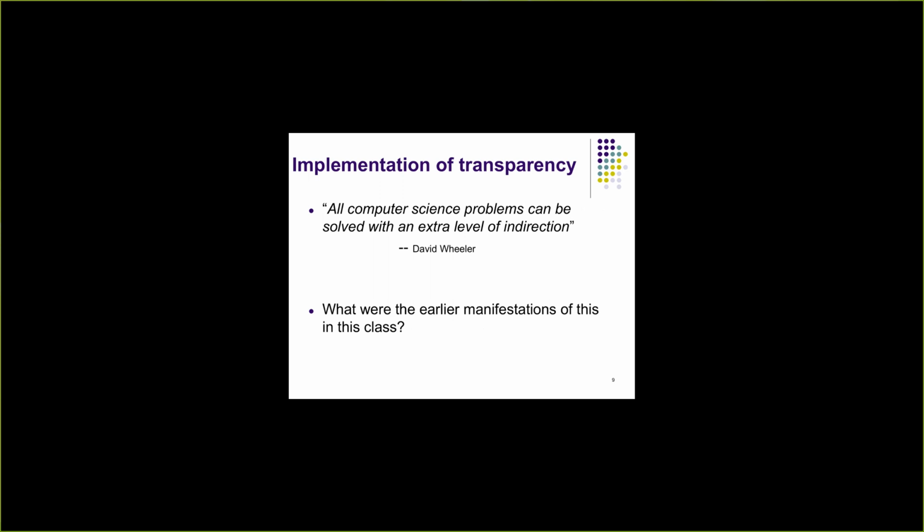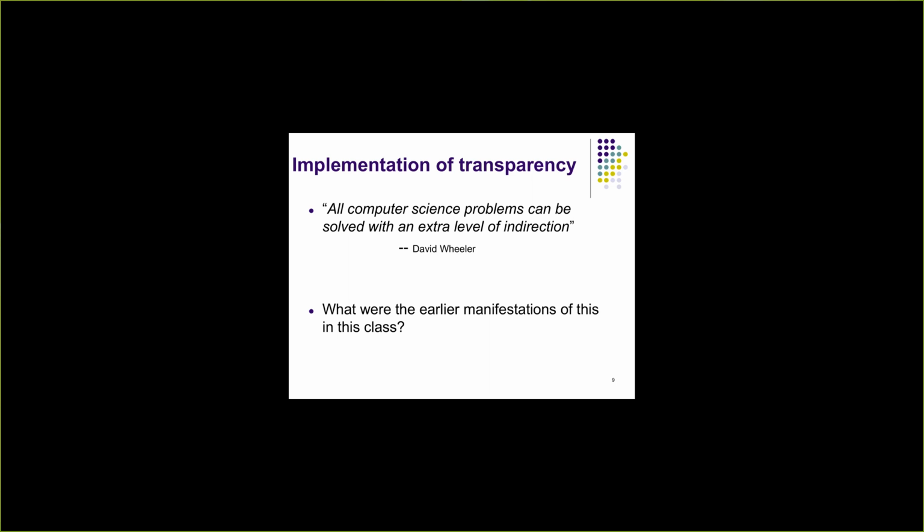Just think about places where we use this nice principle of indirection. Basically, we provide an additional layer of indirection, and that provides a lot of properties. One property is transparency. So we just provide a layer of indirection.